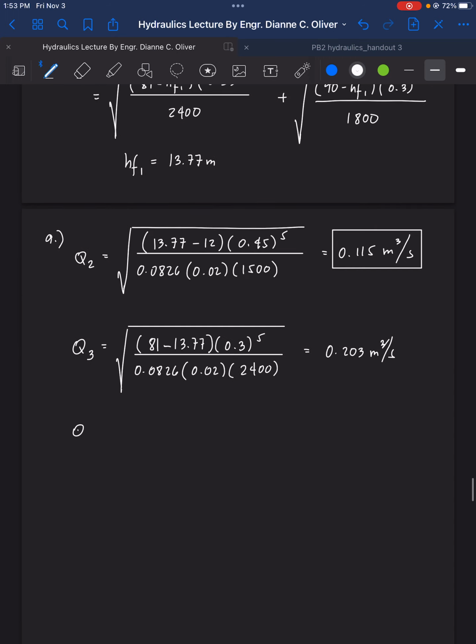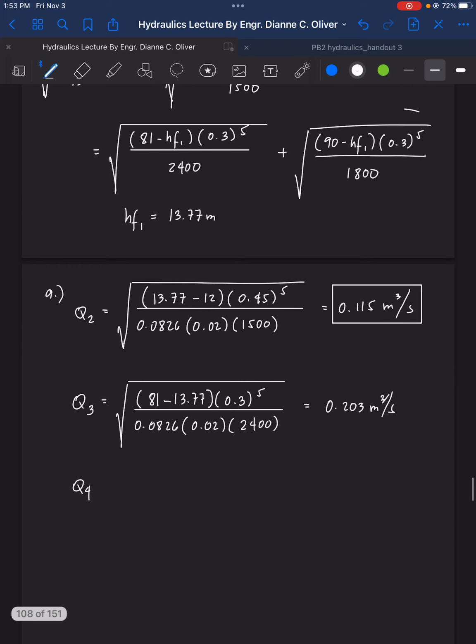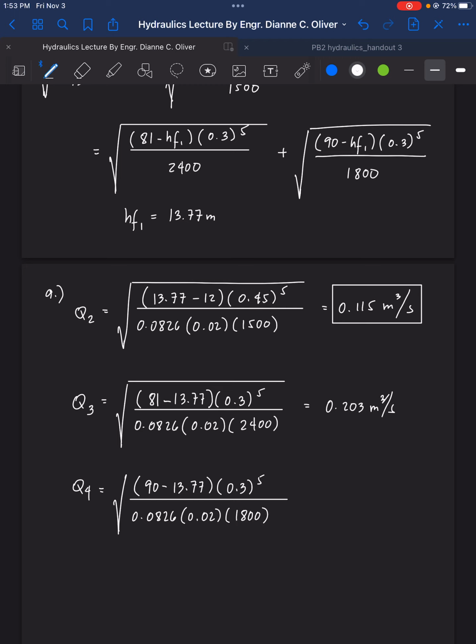How about Q4? So this is the Q4. For Q4, that is square root of 90 minus 13.77 times 0.3 raised to 5 all over 0.0826 times 0.02 times 1,800.